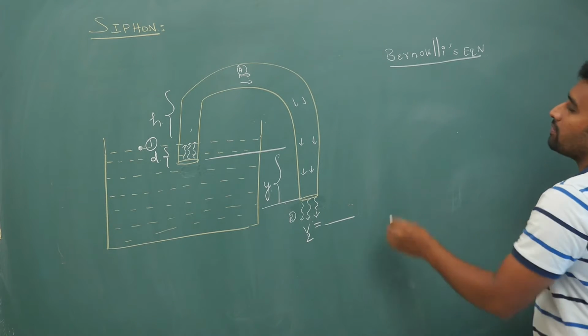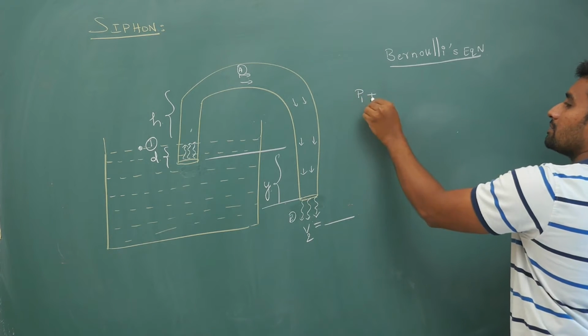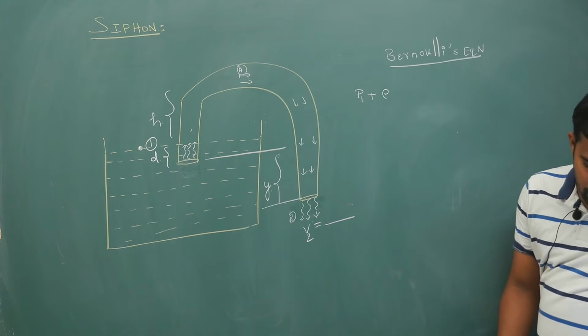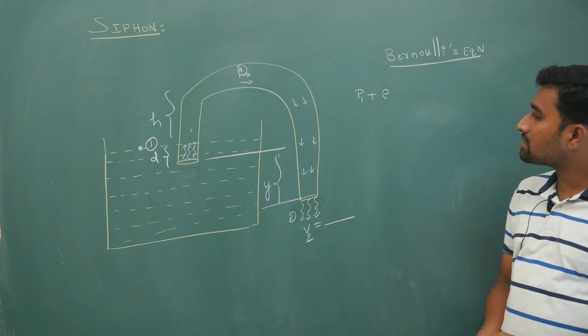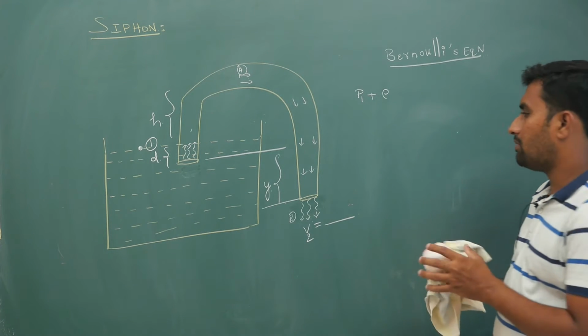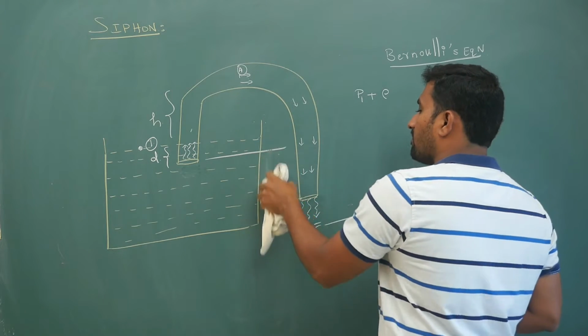Now at point 1, P1 plus rho, surface of water, let us take this distance as y, because your answer will come in terms of y.